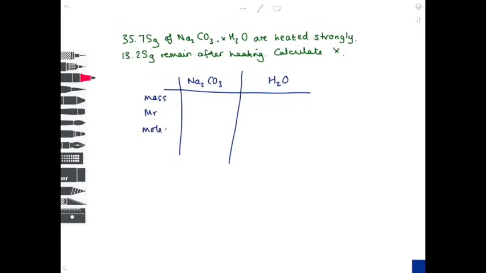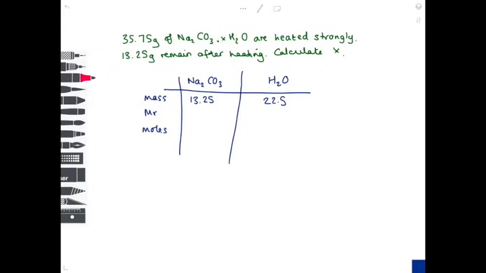So we know that 13.25 grams of the sodium carbonate remain after heating, which is why this is the number here. Going to have to do a small calculation to work out the amount of water that was lost. So that's 35.75 minus 13.25 to get 22.5.